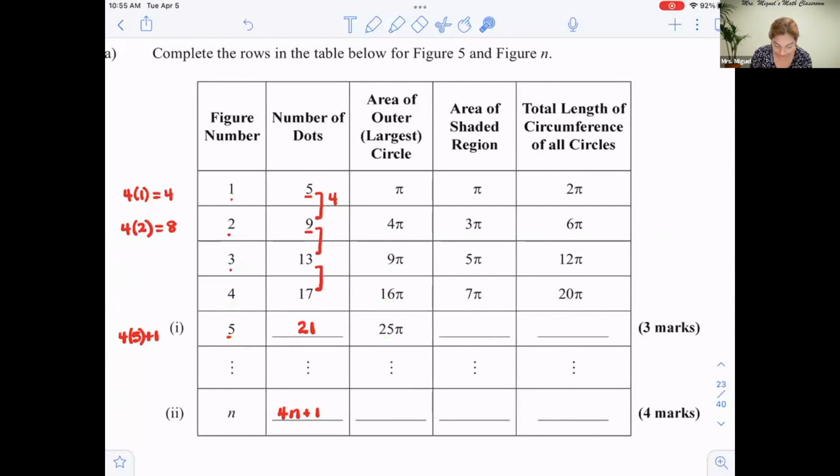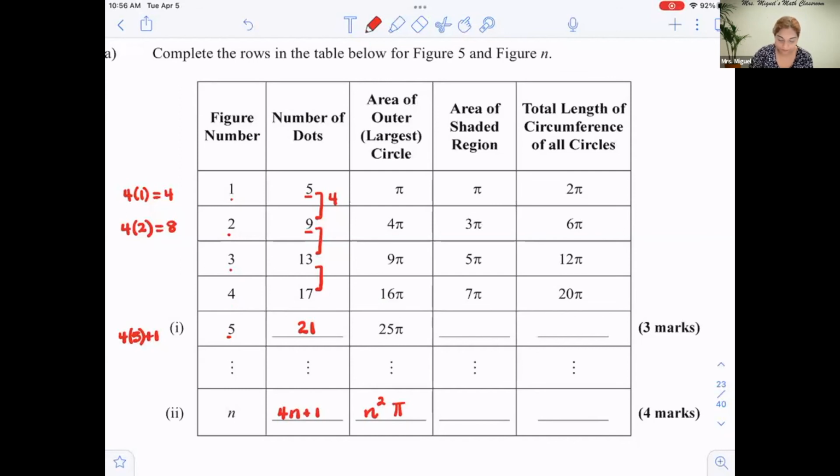So if the variable is n, this simply becomes n squared, because I am squaring whatever number n is. If n is 1, 1 squared is 1. If n is 2, 2 squared is 4. If n is 3, 3 squared is 9. If n is 4, 4 squared is 16. If n is 5, 5 squared is 25. All right?